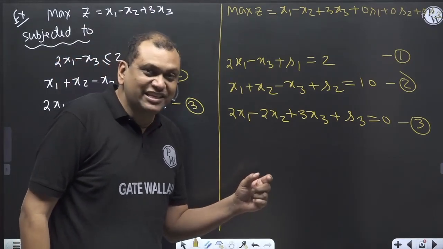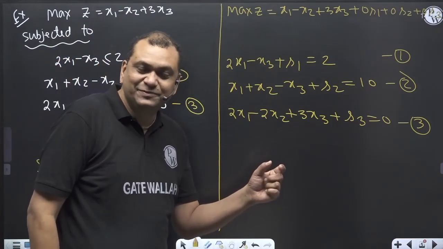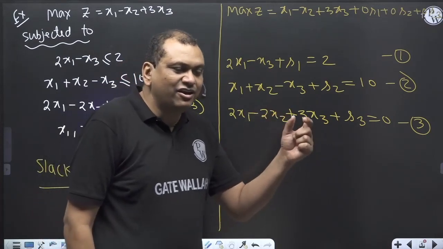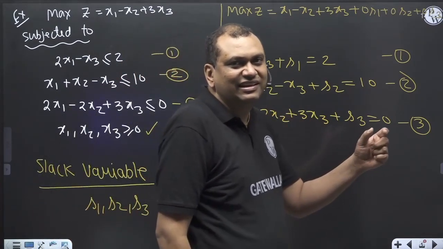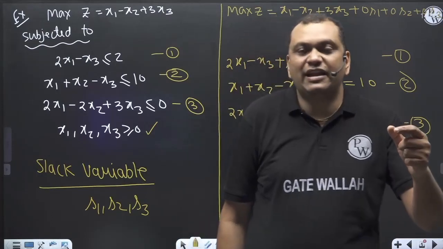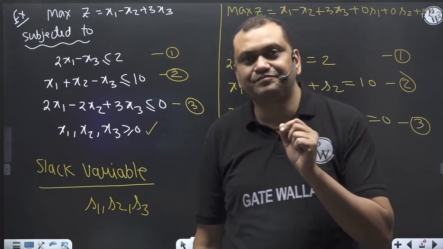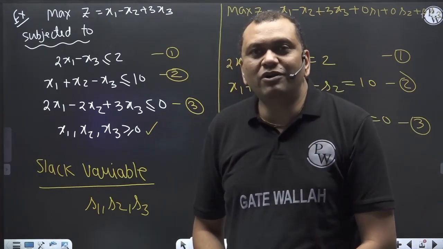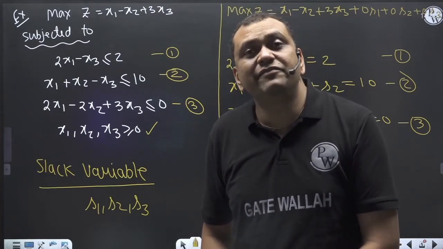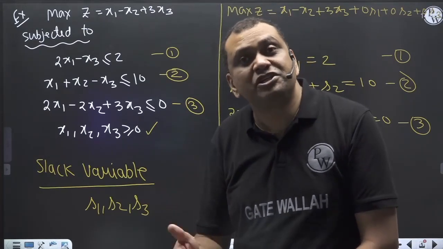Their coefficients in the objective function will be 0. Both slack and surplus variable coefficients in the objective function will be 0. I will tell you about surplus after half an hour.